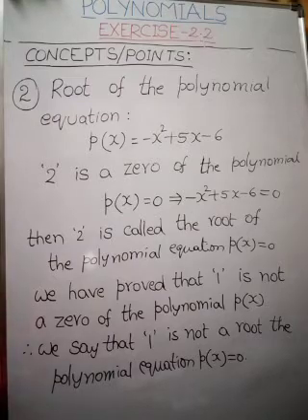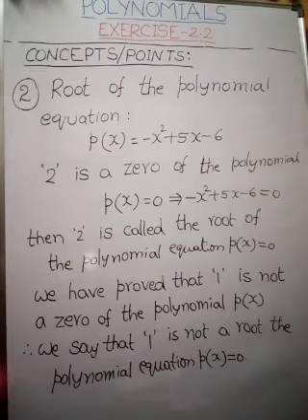Understood, my dear children? I told you clearly, if any constant is a 0 of the polynomial, then the constant is said to be a root of the polynomial equation p of x is equal to 0. I repeat the point, my dear children, listen carefully.